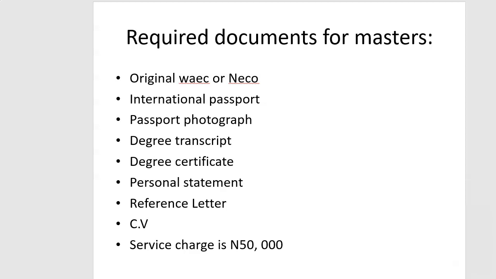The 50,000 naira is the only money you pay to Sports Travels and Tours. We don't take any other money from you, except of course we help you with proof of funds, which is a different thing entirely. With this 50,000 naira, we handle your admission and the visa processing, and we don't take anything else.